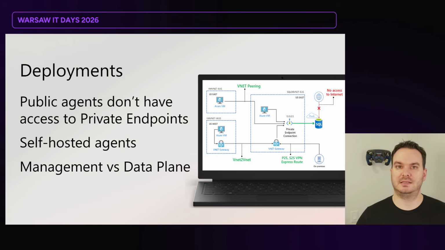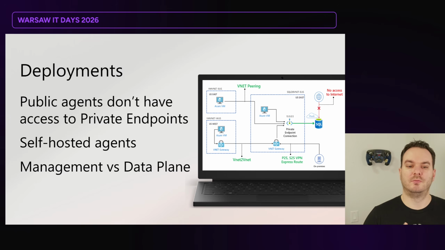This is not affected if the database is public or private. What is affected by this is the data plane. This means if I want to connect to the database or if I want to access a secret inside the Key Vault, this connection is made private, and therefore my deployment agent is not able to access or create secrets or read data from the database.